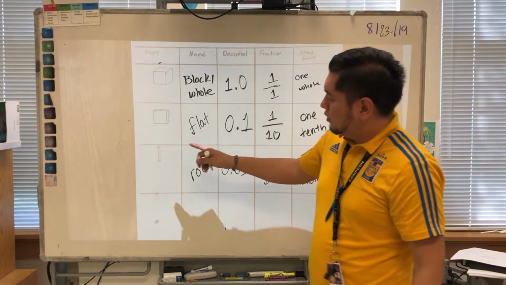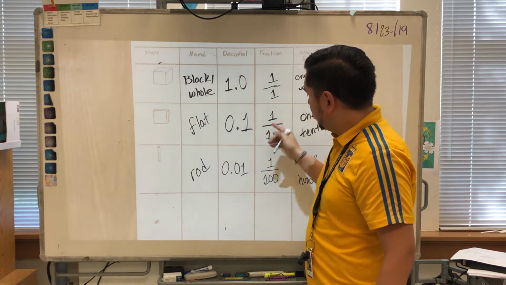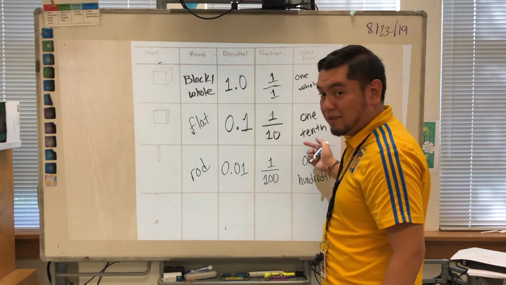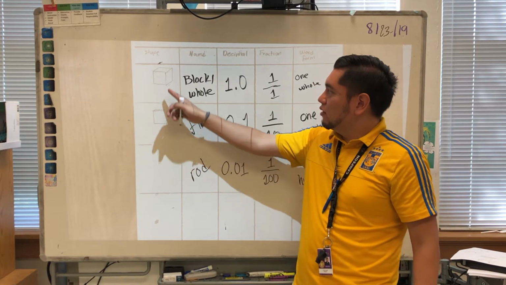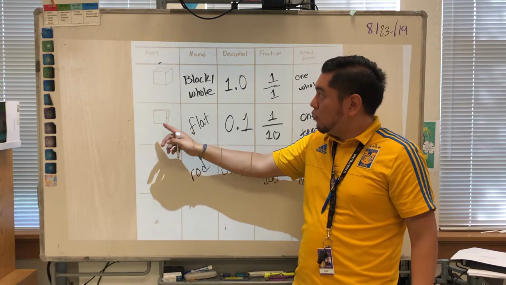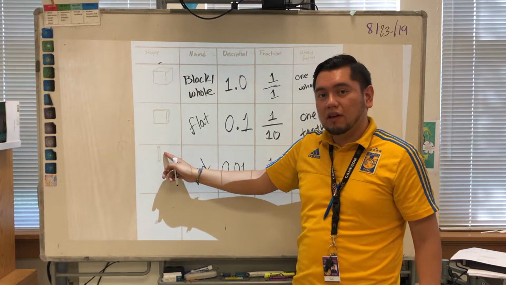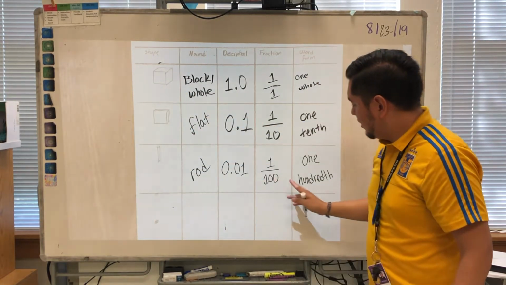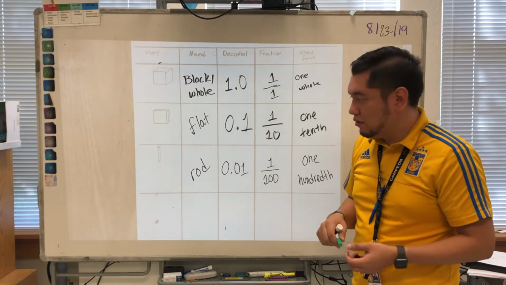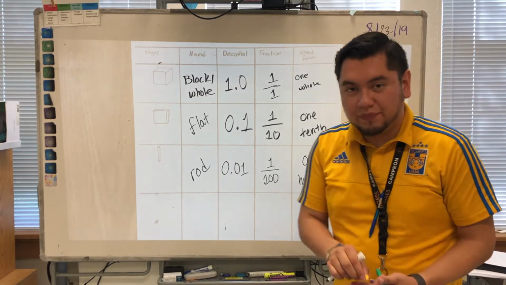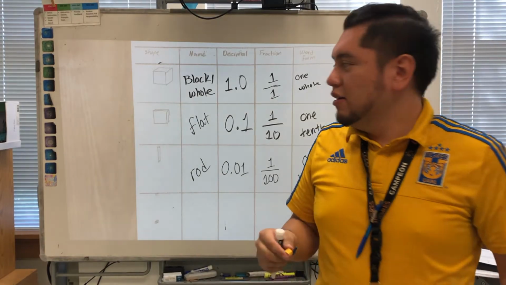Again, hay 10 de estos aquí. Por eso, este es una décima, porque existen 10 ahí, 1/10. Okay? Para completar uno de estos ocupas 10. Para completar uno de estos ocupas 100 de estos. You need 100 of these to make one of these. That's why that is 1 out of 100. Más tengo uno de 100 que caben en ese cubo. And then the last one, muy chiquito. El que antes era 1, ahora se convirtió en 1000.